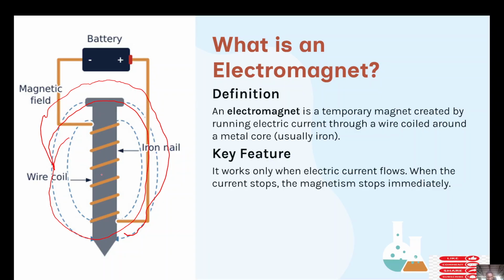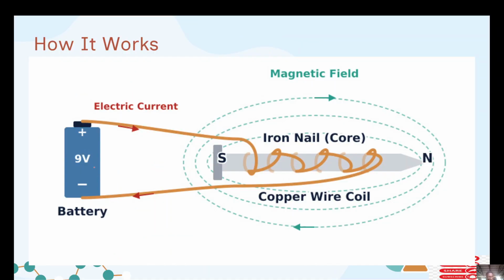So how does it work? Now this is it. You connect a wire to both the positive and what? The negative terminal of the battery. And then in a closed circuit, okay? You need not to open any place. It needs to be closed. And then it is coiled around what? An iron nail, which has both the south and what? The north pole.